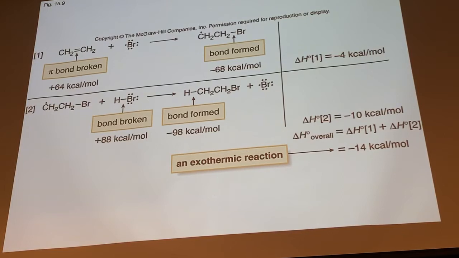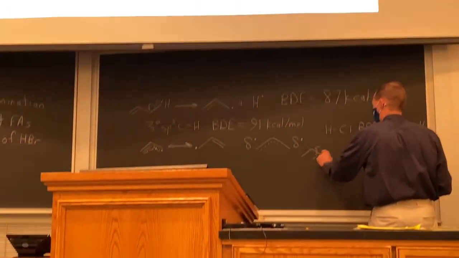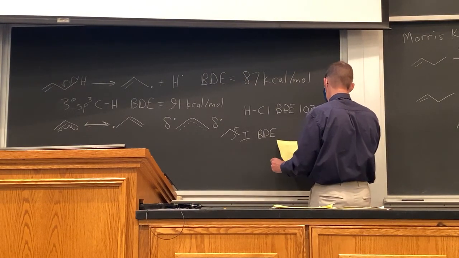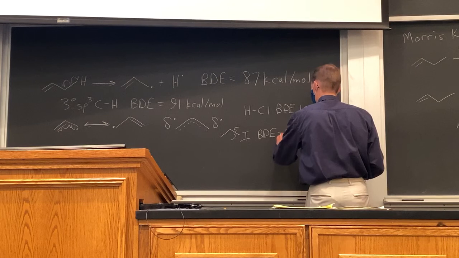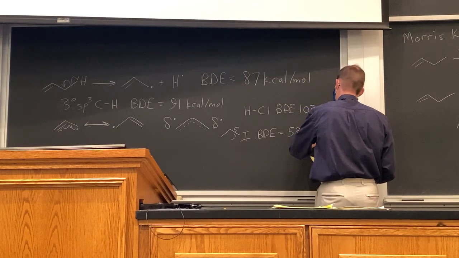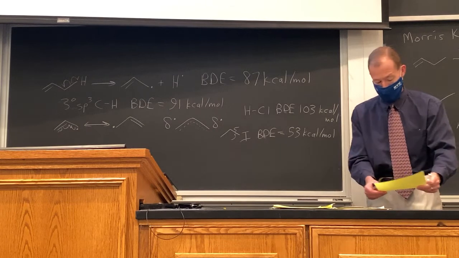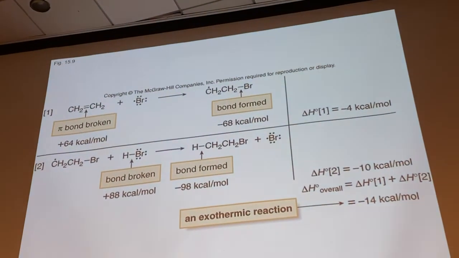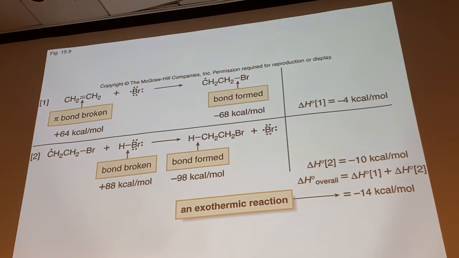If we look at what happens if we try to use HI, if we look at the bond dissociation energy for a carbon-iodine bond, that is a weaker bond than a carbon-bromine bond, 53 kilocalories per mole, okay? So that is a fairly weak sigma bond. And so what we see, that 53 kcals per mole, that would be the bond that you would form in the first propagation step if you were adding an iodine radical to ethylene.